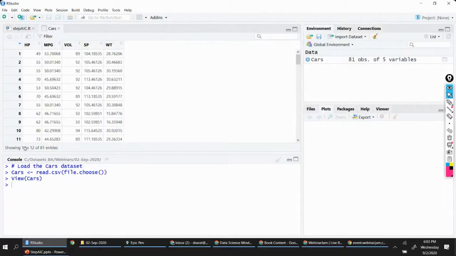Exploratory data analysis is mandatory. Preliminary analysis is mandatory. This would give a better idea of your data. I have 81 observations and 5 columns, 81 rows and 5 columns.